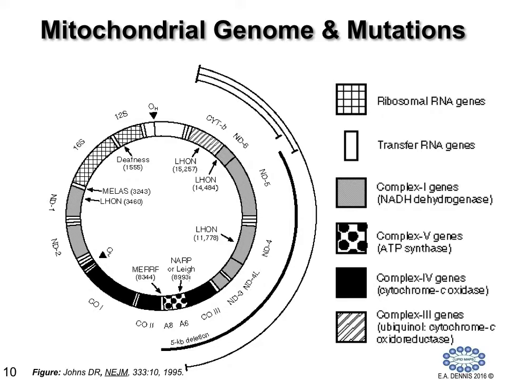Indicated on this slide are the coding portions for ribosomal RNA genes and transfer RNA genes, and importantly, certain proteins that are components of complex 1, complex 5, which is ATP synthase, complex 4, and complex 3. And indicated on the inner circle are certain mutations which lead to certain syndromes, which we will point out later.